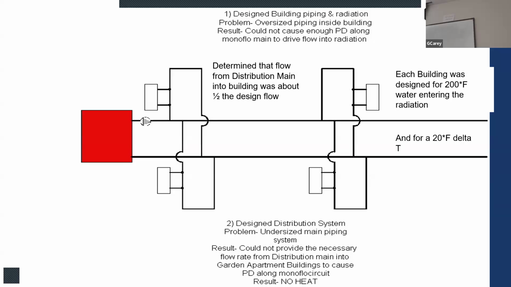And it was designed on a 20-degree, there's that famous, we talked about it earlier, that 20-degree delta T, that temperature drop. So if it's coming into the building at 200, it should be returning at about 180 from each building. So the radiation was all selected, already installed based on this number, 200 to 180.